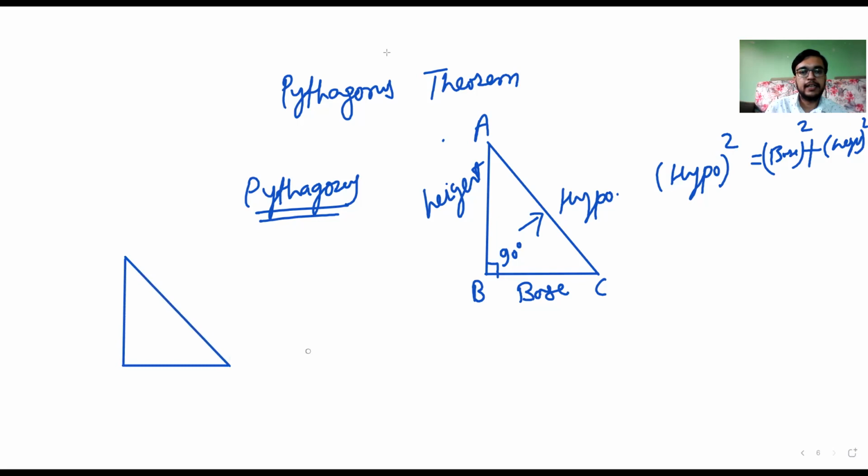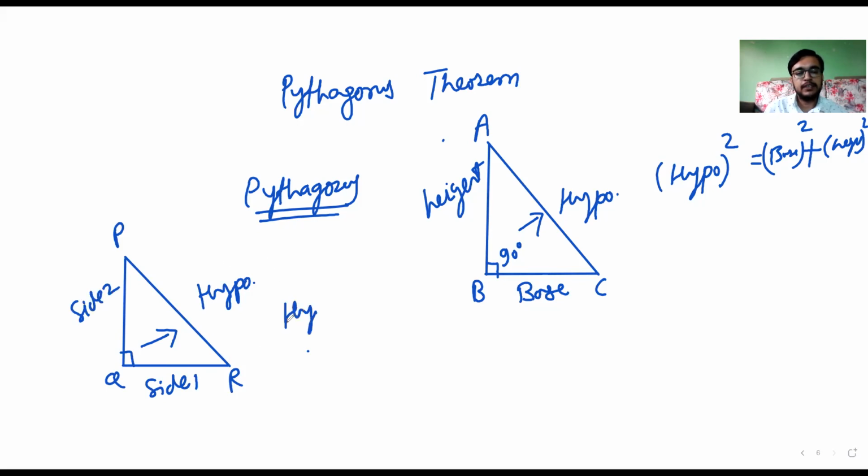Consider a right angle triangle PQR. Angle Q is 90 degrees and the side opposite to 90 degrees is called the hypotenuse. Let's say QR is side 1 and this is side 2. Then the hypotenuse square is equal to side 1 square plus side 2 square.